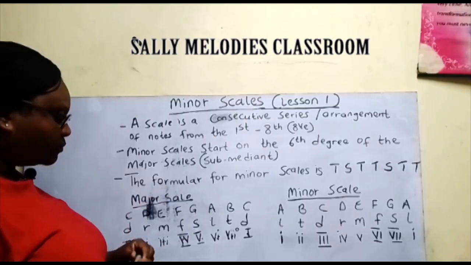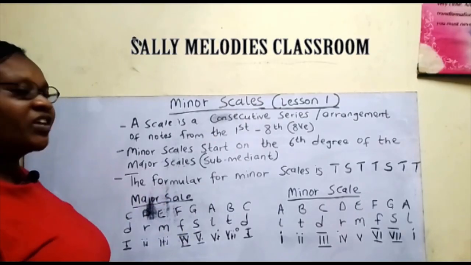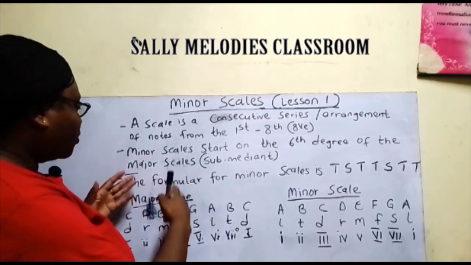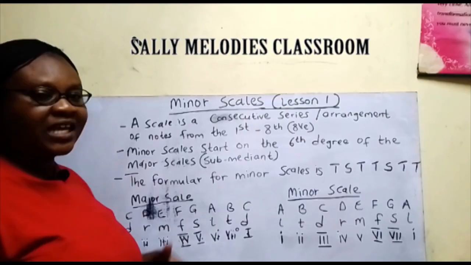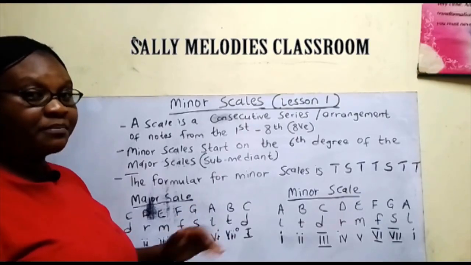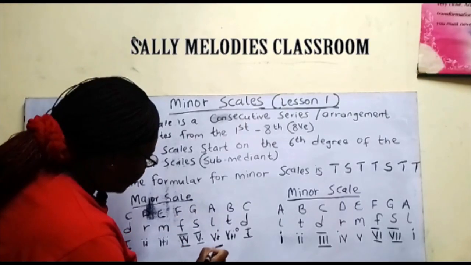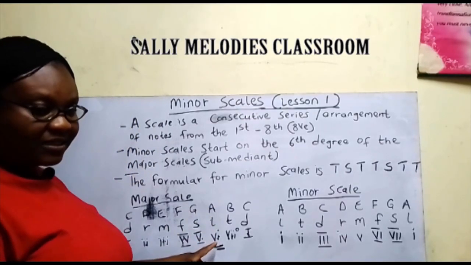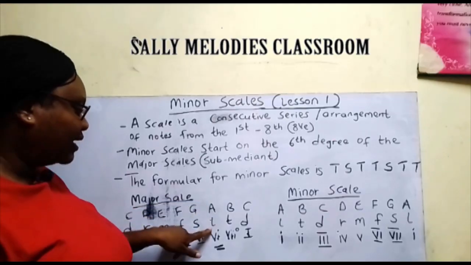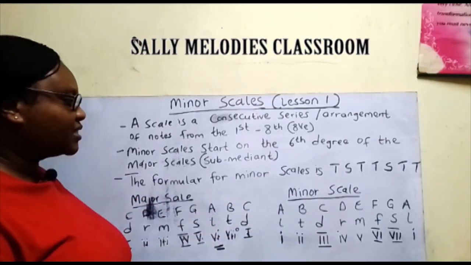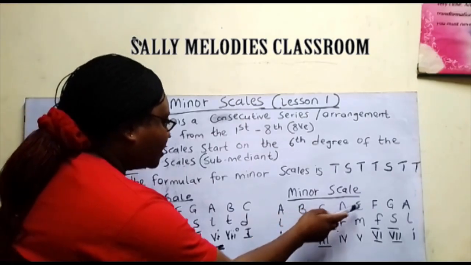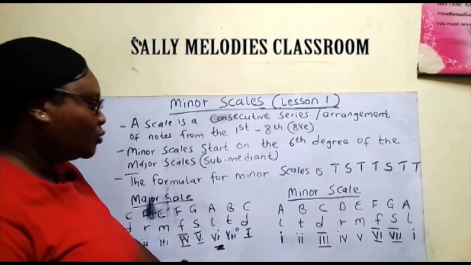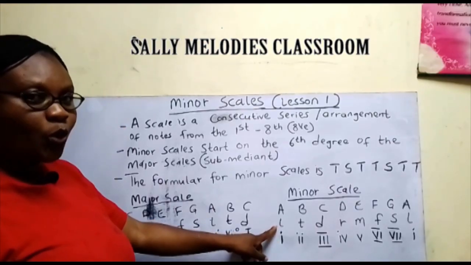When you want to learn minor scales very fast, you must start with major scales, because the major scales are the ones that help us to build the minor scales. You take the sixth, which is A or La, and you write it on that other side: A, B, C, D, E, F, G, A. And then you are not going to start from the Do.